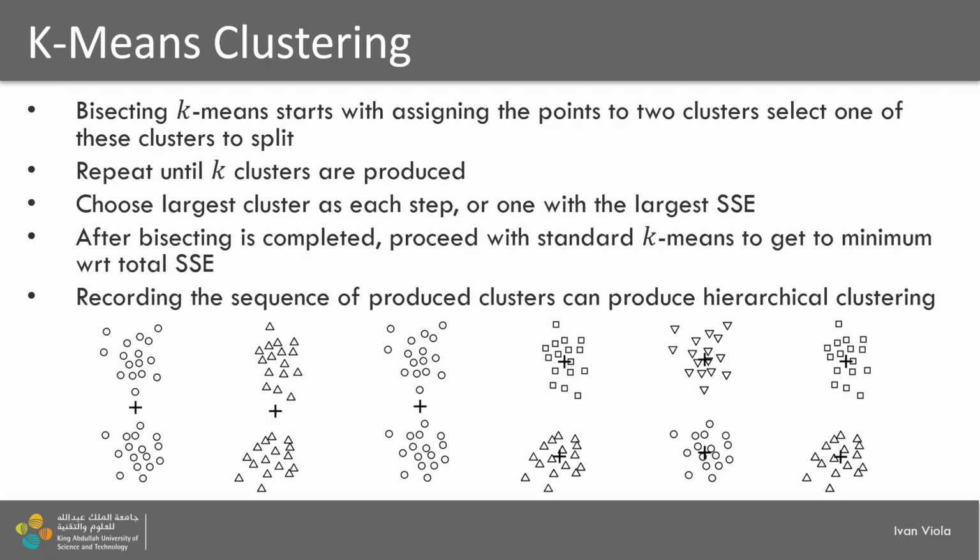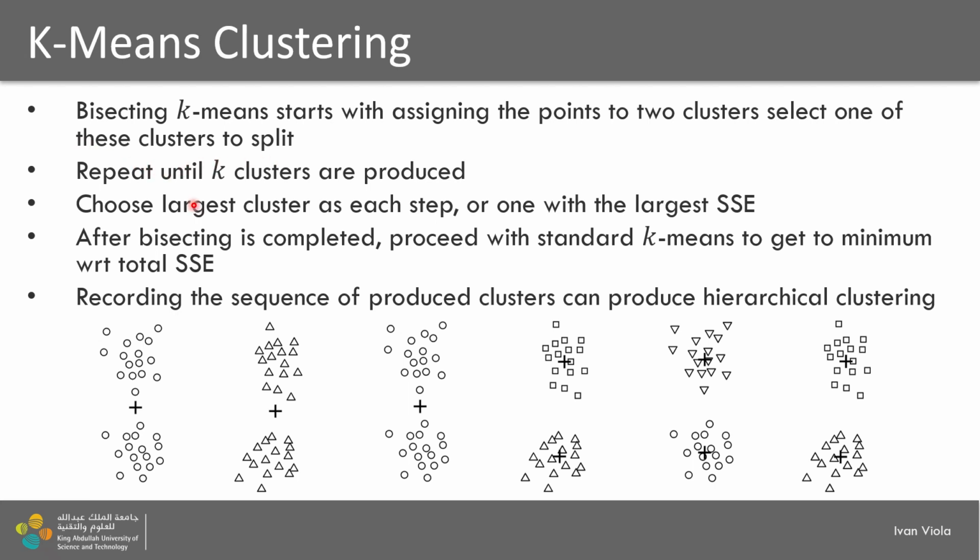There is one variant of k-means clustering which has a slightly different approach than the standard k-means algorithm, and it is called bisecting k-means. It starts by assigning the points to two clusters, and then it selects one of these clusters to be split.